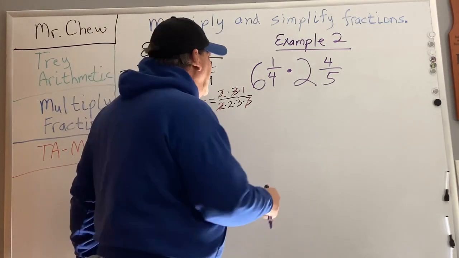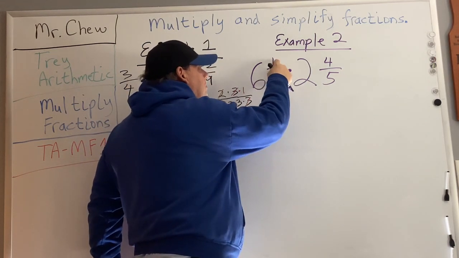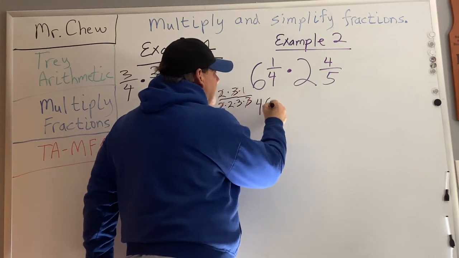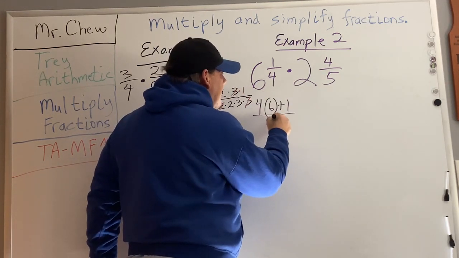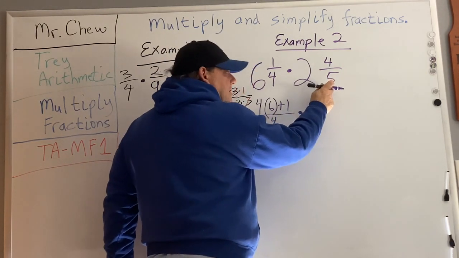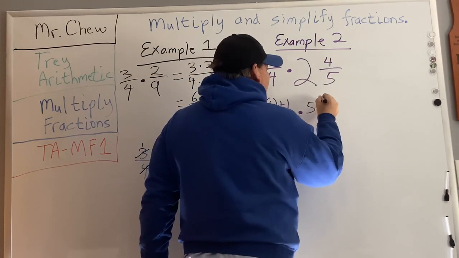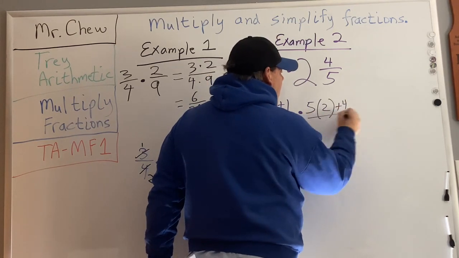So the way you do that, you take the denominator times the whole number plus the numerator. So I take 4 times 6 plus 1 over the denominator. And 5 times 2 plus 4 over 5.